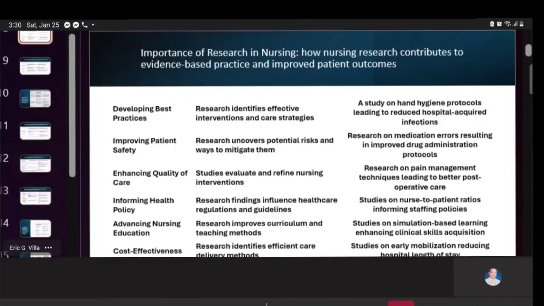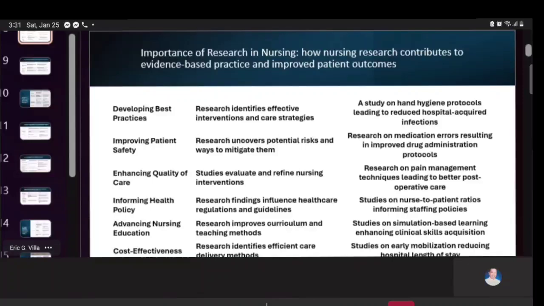Research also contributes to cost-effectiveness in healthcare, in which several studies on early mobilization of patients have shown reduced hospital length of stay, and this leads to more efficient use of healthcare resources while improving patient outcomes. This demonstrates how research can simultaneously enhance patient care and healthcare system efficiency.